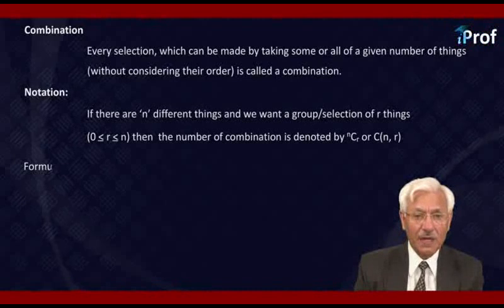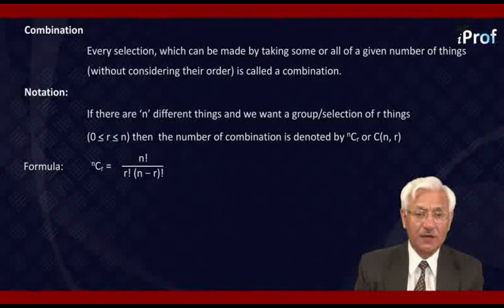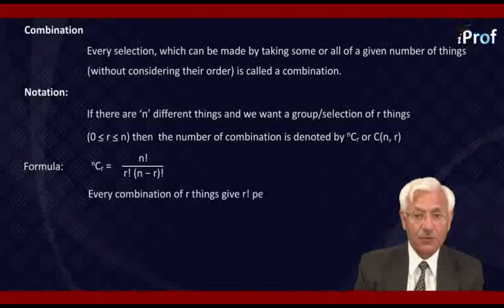The formula for nCr is n factorial divided by r factorial into n minus r factorial. To understand the meaning here, every combination of r things gives rise to r factorial permutations, because a combination of r things has no order. If we permute them, they give rise to r factorial permutations.